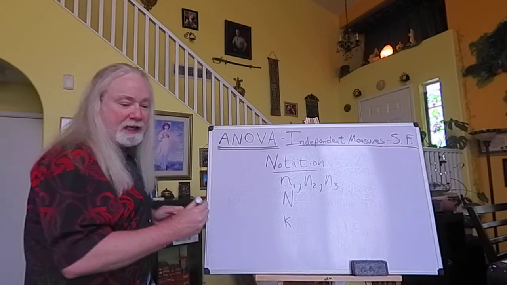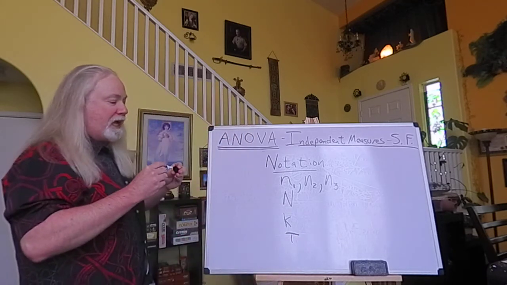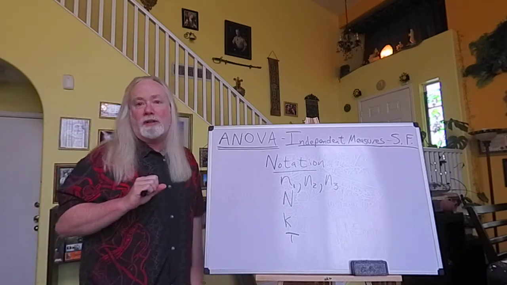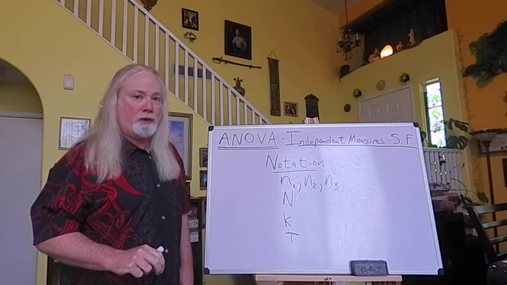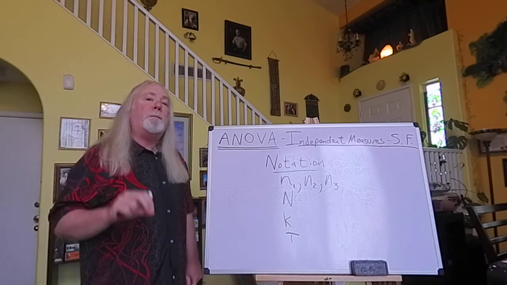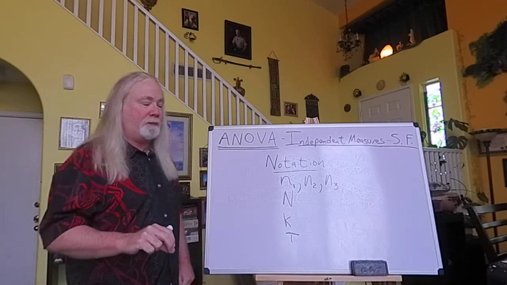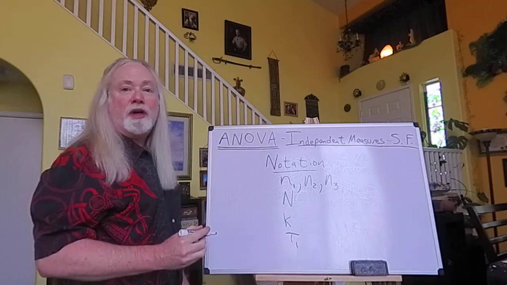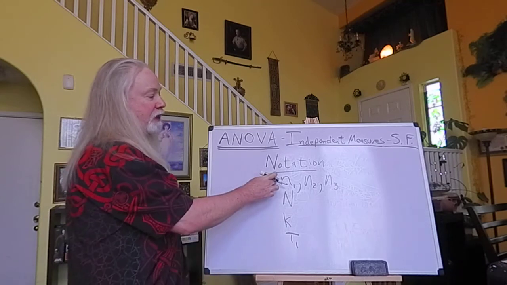Next up for us is the letter capital T. A lowercase t, remember, was for a t statistic. Now that we have a capital T, it stands for the term treatment total. It is the summation of the raw scores for a treatment condition. So your first group will have its own treatment total, not how many scores there are, that is one of the n's.